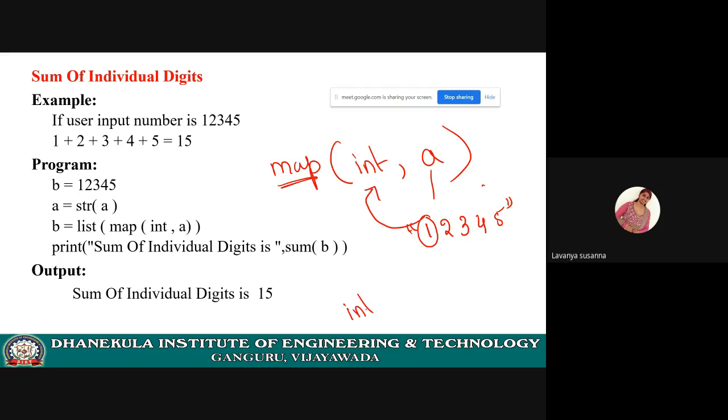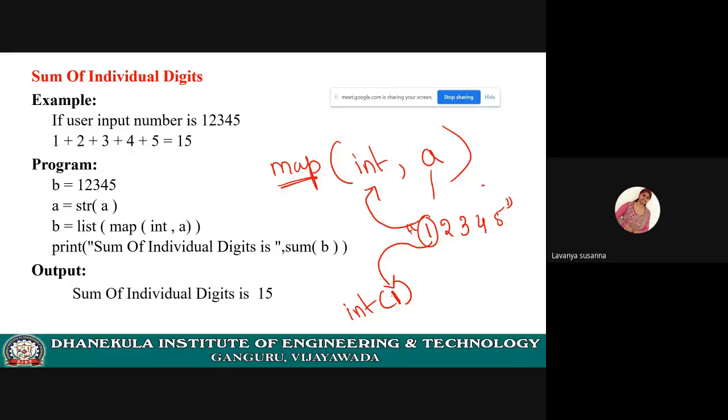What will the int function do? Here, this is a function. First argument must be function name. Now, this map function is passing an individual character to this function. Int of 1.